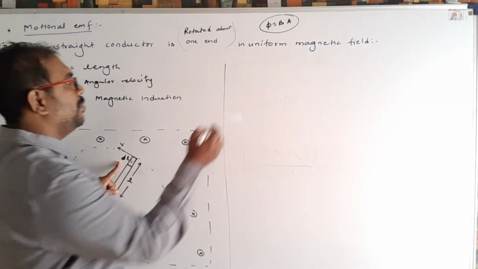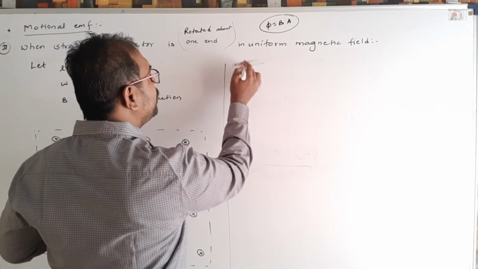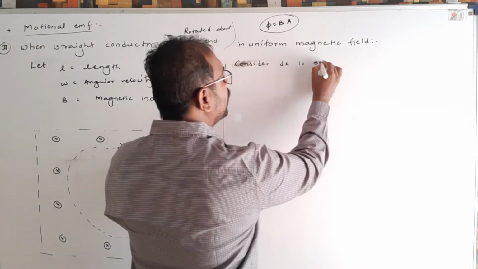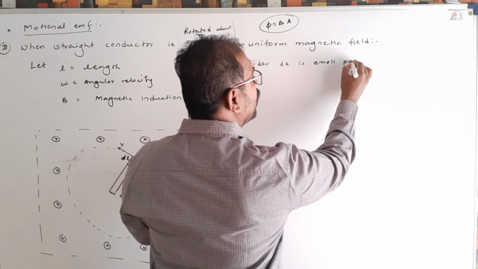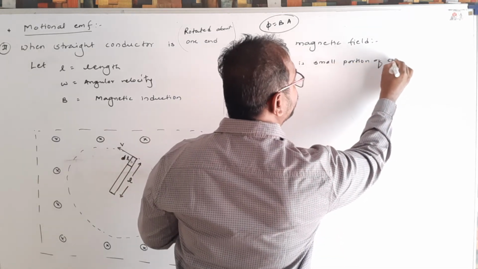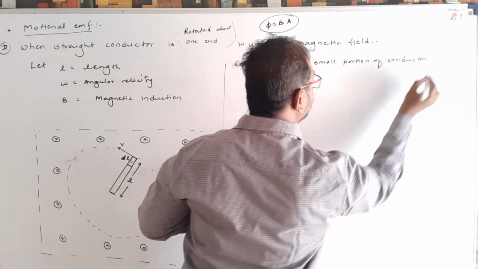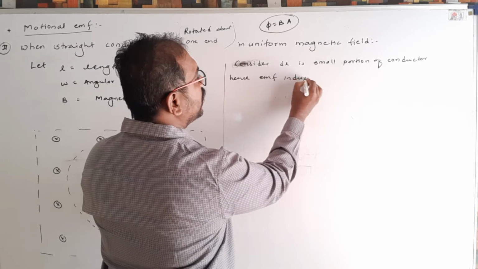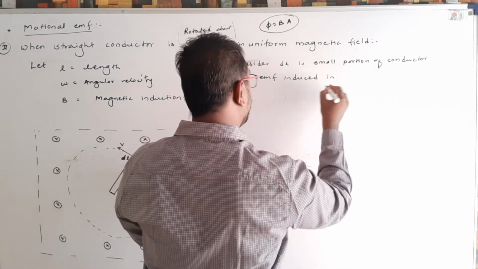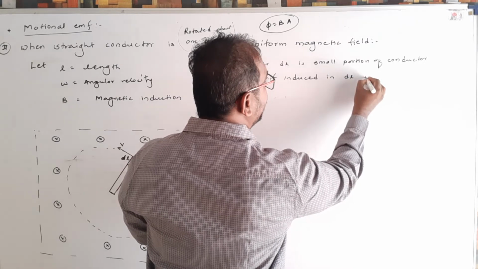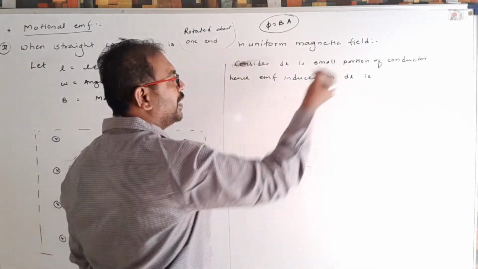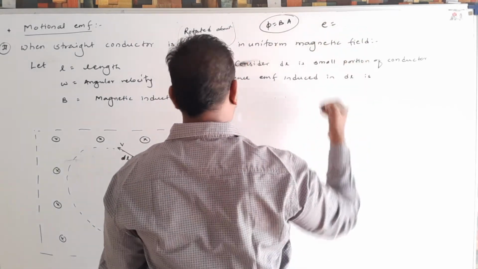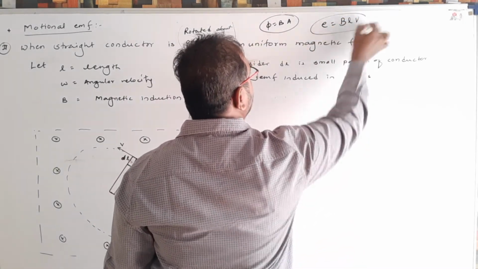Then for the induced EMF, I consider dl as a small portion of the conductor. Hence the EMF induced in dl is, as you know, given by the formula E equal to BLV, which we just learned.